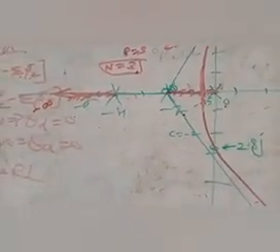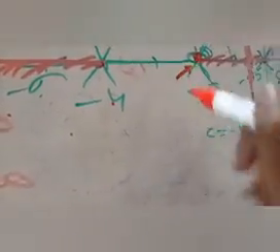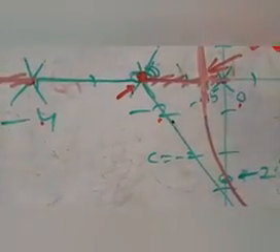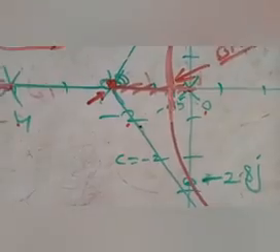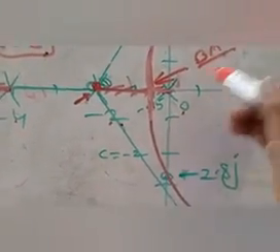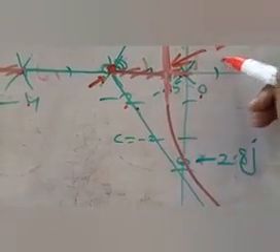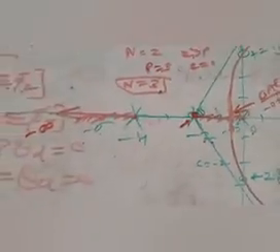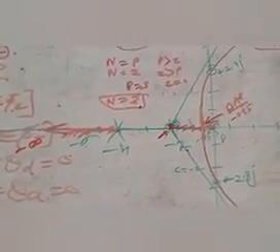Next is indicate the centroid. The centroid point is minus 2. Indicate the breakaway point, BAP. It is minus 0.85. Then draw the asymptotes.